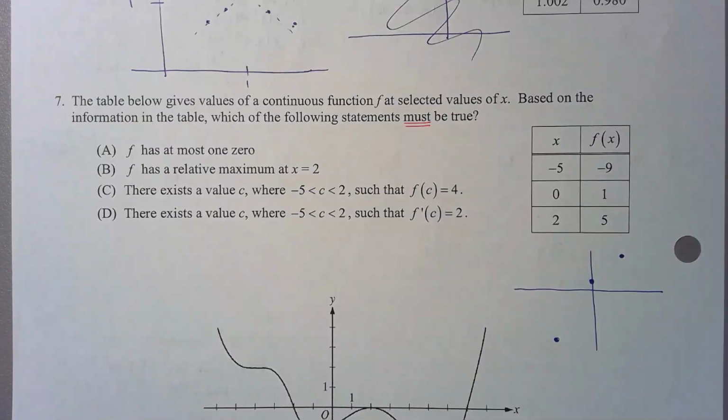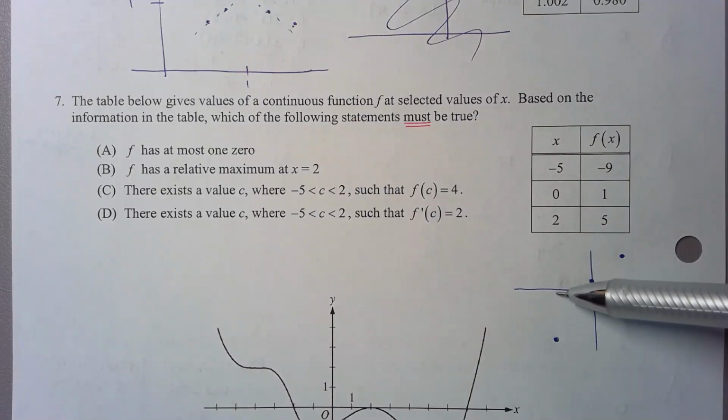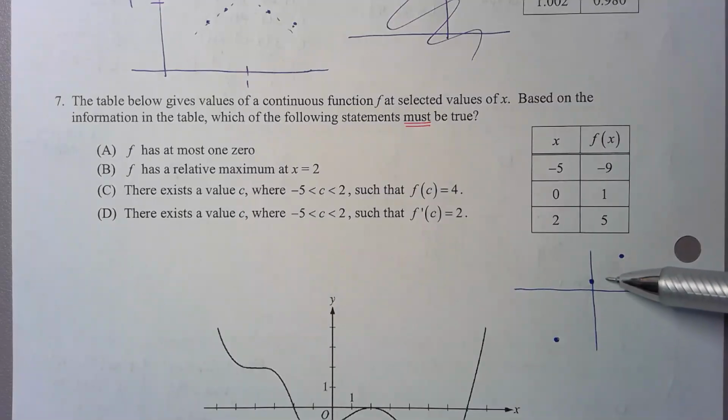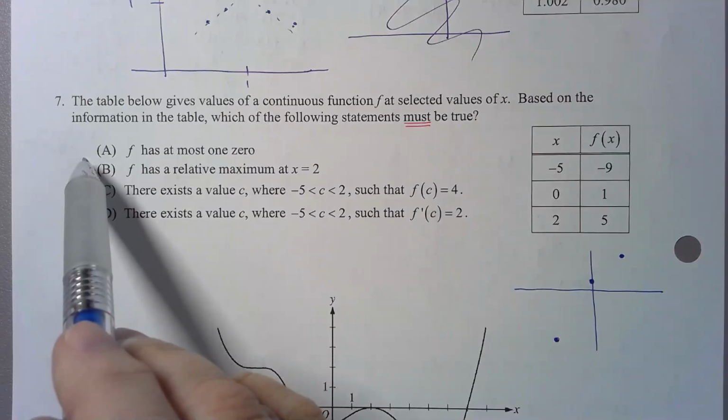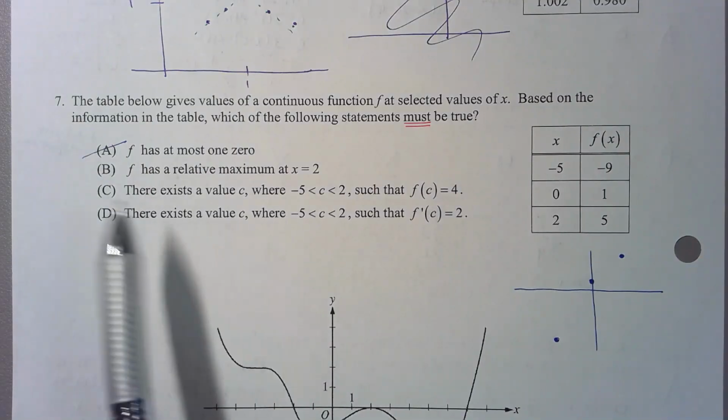Okay, so this is f. Does f have at most one x-intercept? Well, it could have hundreds of them, right? My graph could go up and down, up and down, and it could cross the x-axis a lot. So I think it has at least one.